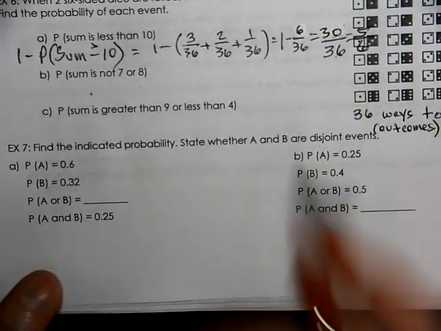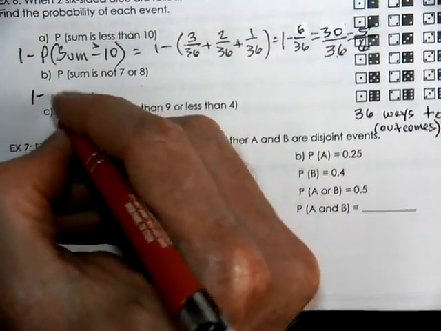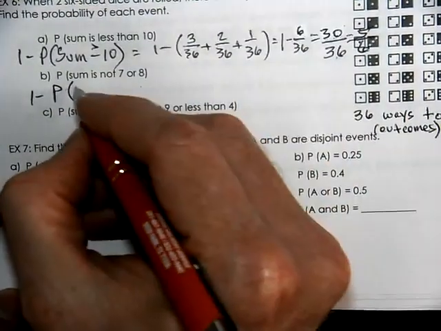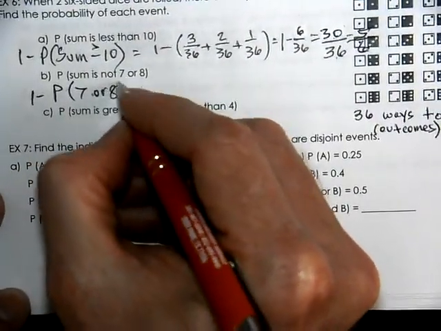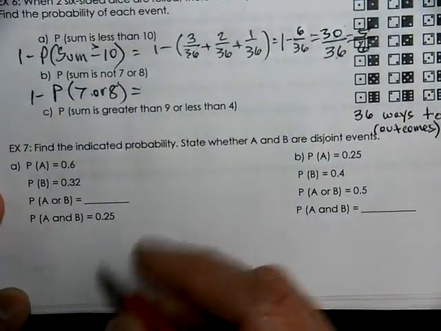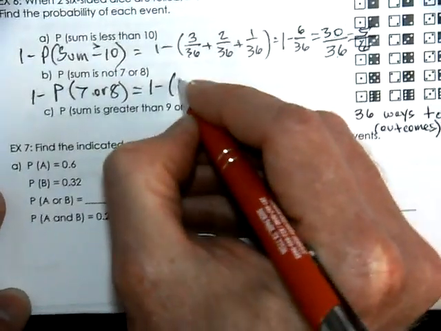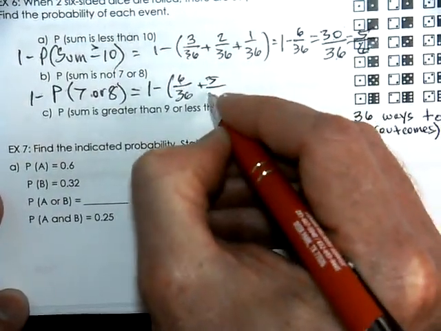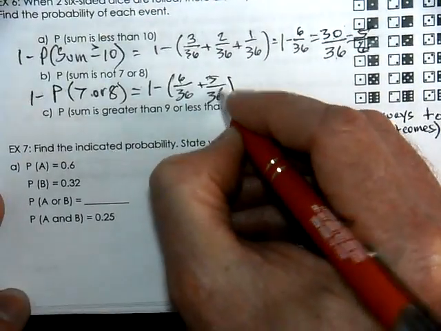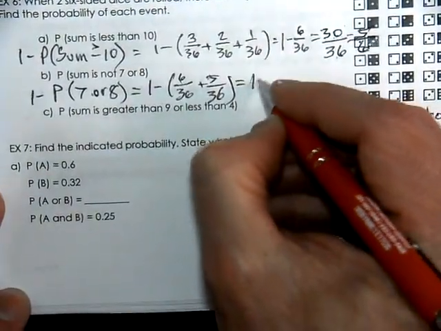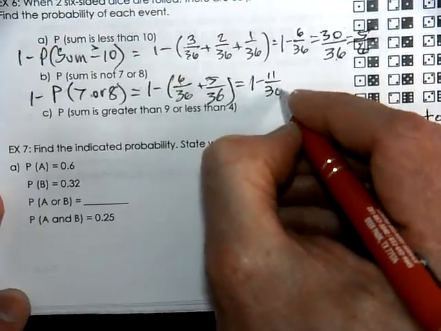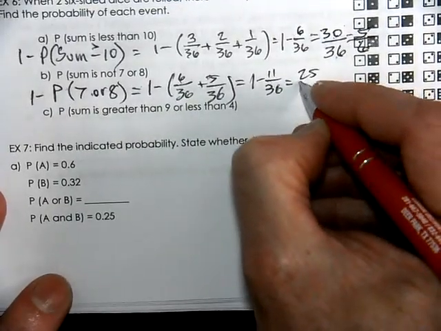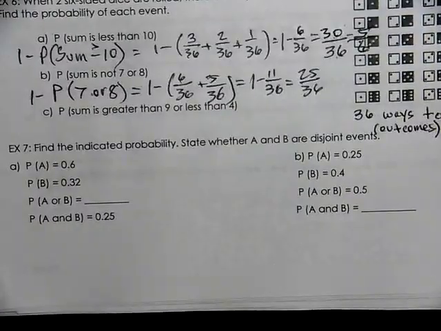So what we're going to do is 1 minus the probability of a 7 or an 8, which is 1 minus 6 over 36 plus 5 over 36. There's my 11. 1 minus 11 over 36. And that gives us our 25 over 36.